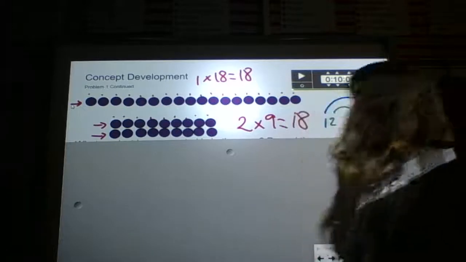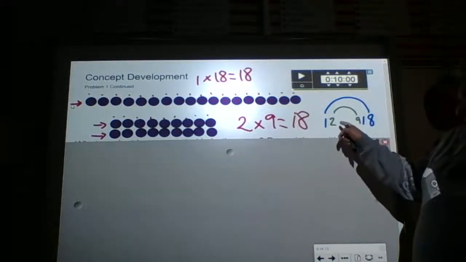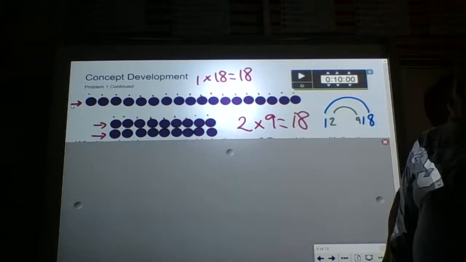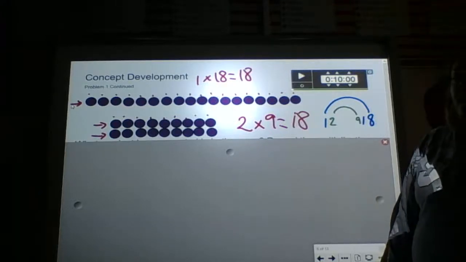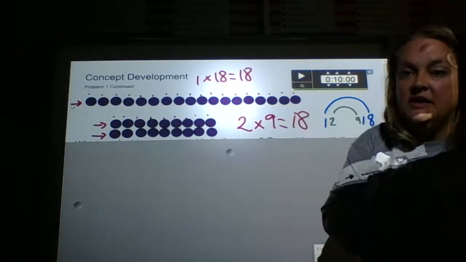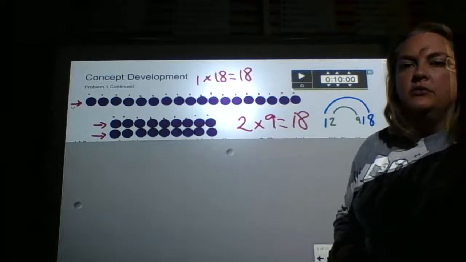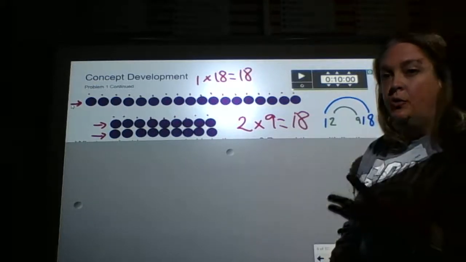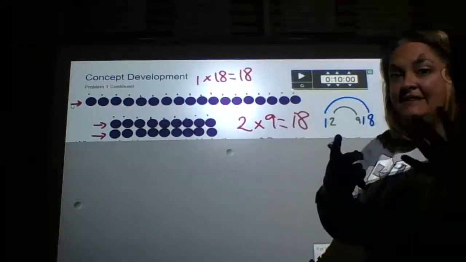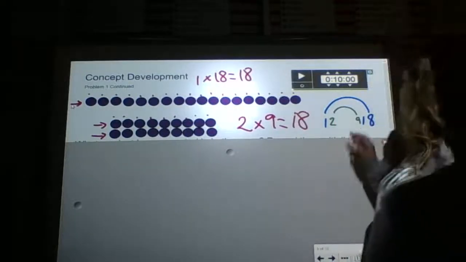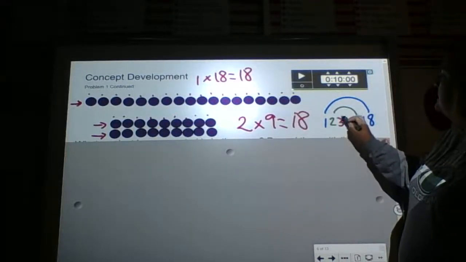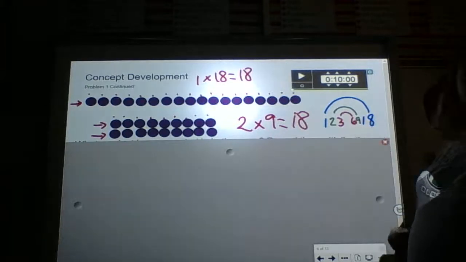I used blue. Let's use red. 3. Will 3 multiply out to 18 if I'm trying to find all the factors? If I want to know that, I'm going to skip count by 3 and check it. Ready? So let's try that. 3, 6, 9, 12, 15, 18. It does. 6 times. So 3 times 6 is also a factor, right?